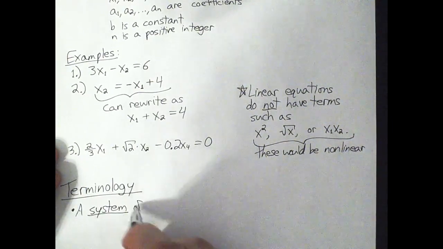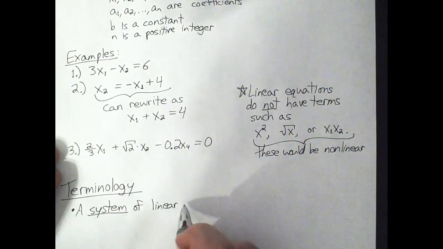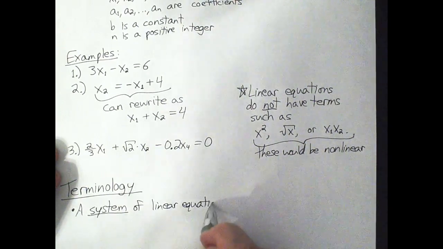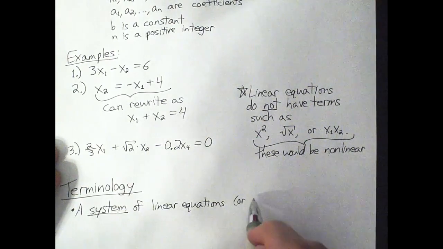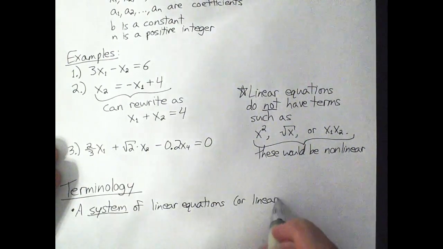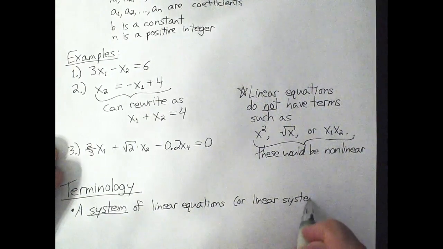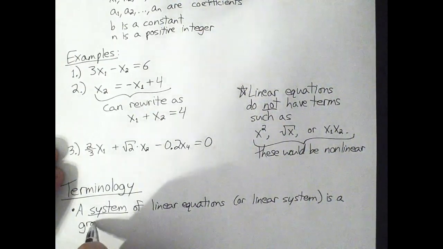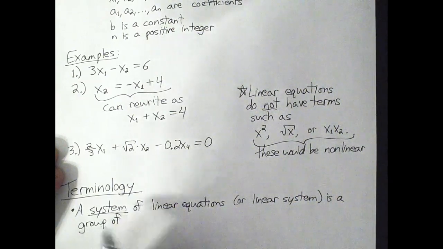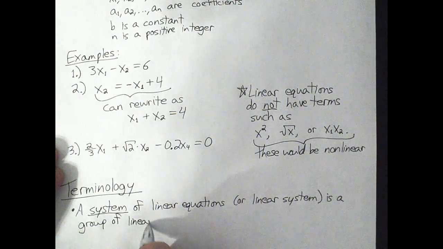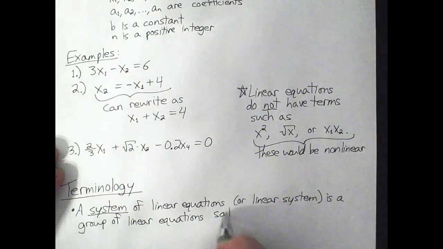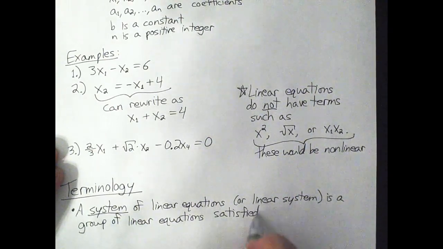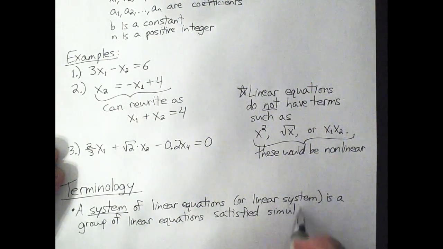A system of linear equations, or linear system, is a group of linear equations satisfied simultaneously.